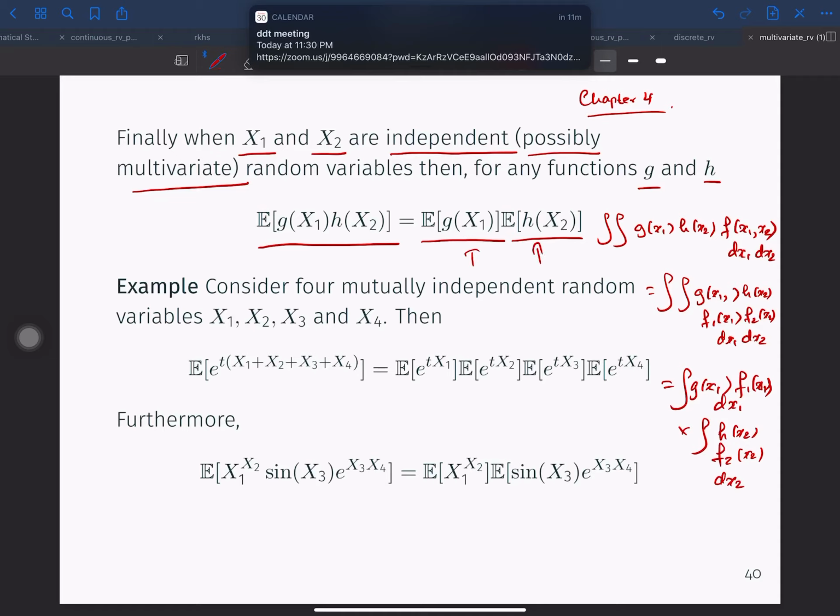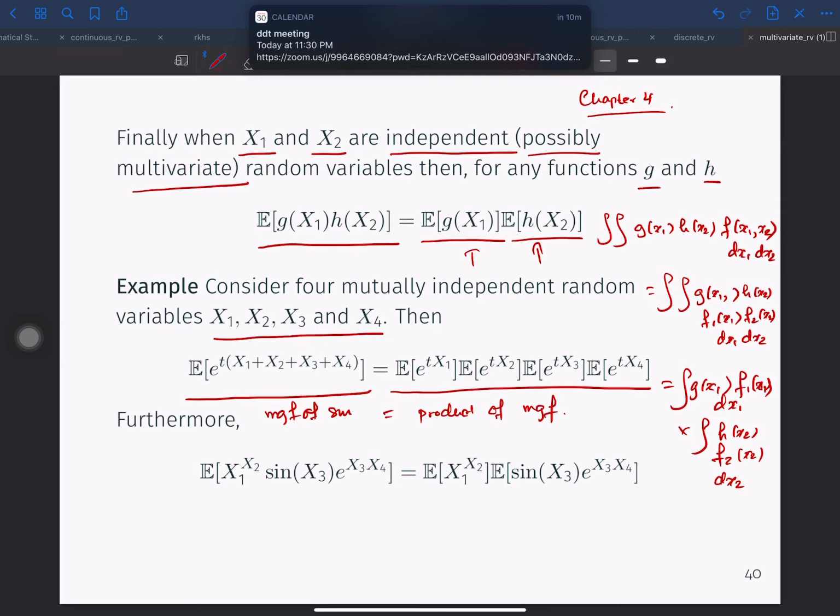So as a quick example, earlier we saw that if you have mutually independent random variables x1 to x4, then the MGF of the sum is the product of their MGFs.